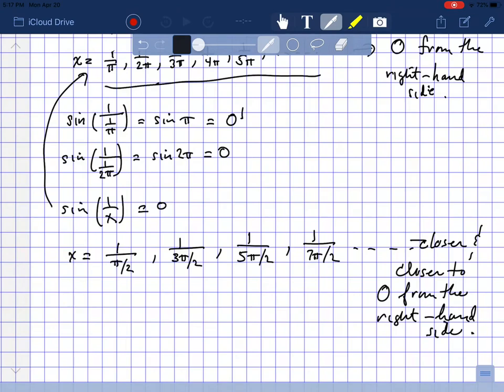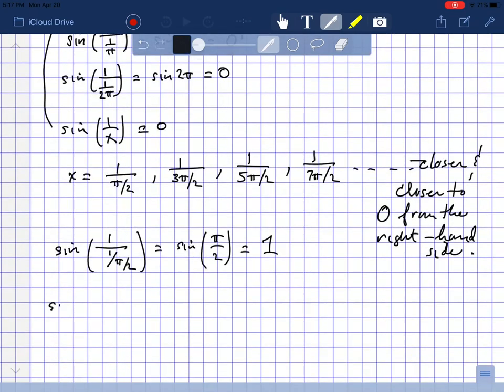And if I look at the sine of 1 over 1 over pi over 2, this is equal to the sine of pi over 2, which is equal to 1.